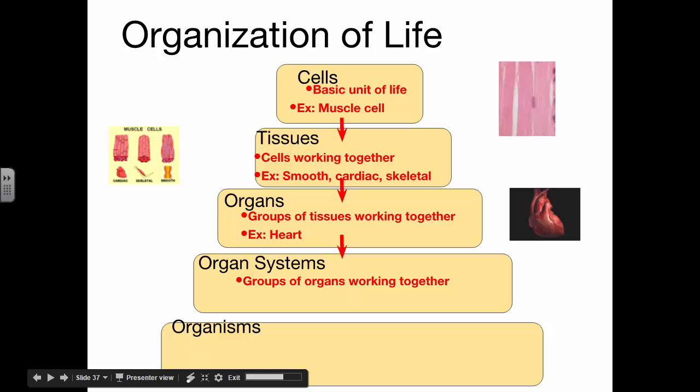What? Your heart, arteries, veins, capillaries. Circulatory, or also called cardiovascular system. So again, we have several organs all working together to do a certain job in our body to transport blood around. That's our cardiovascular system.